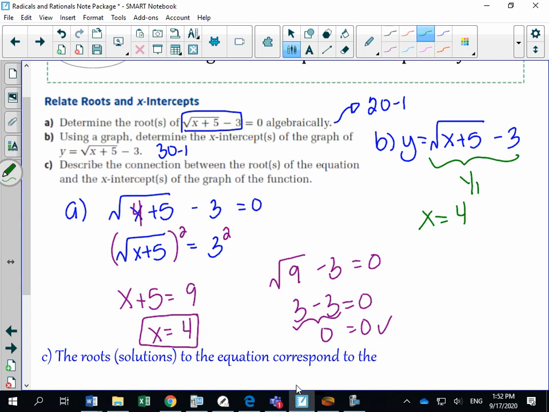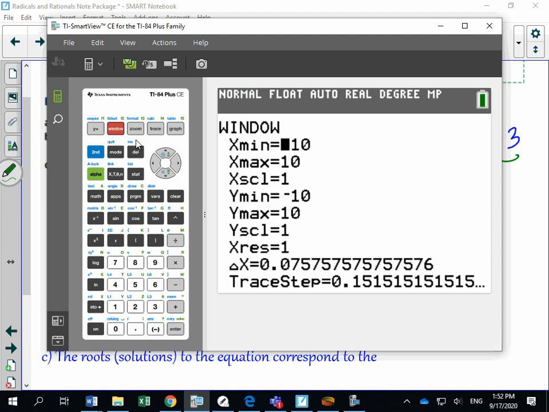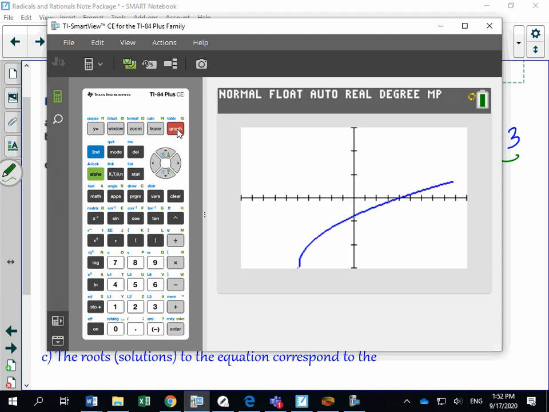One thing I just want to quickly mention, I could have actually changed my graph to see this a little bit better. So I'm going to change my y maximum to be 3 and my y minimum to be negative 3. And then I'll show you that you'll just see that a little bit better. So if I went from negative 3 to 3, and I look at this graph, there we go. I could see that x-intercept much better.